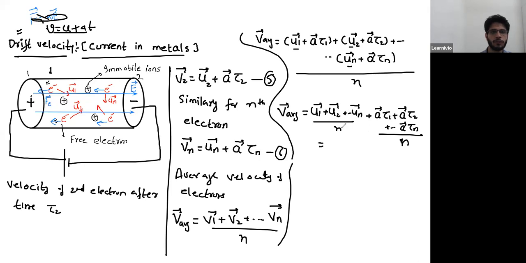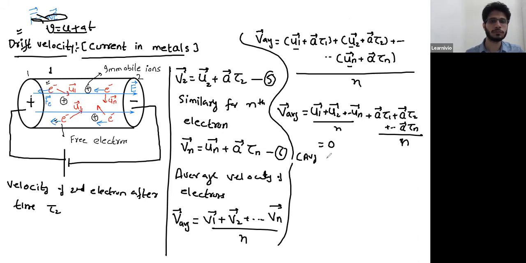What is this term, Afroza? U1 plus U2 plus Un. Can I write this as something? What is U1 plus U2 up to Un by n? How much is this quantity? This is the average thermal velocity, which was 0.